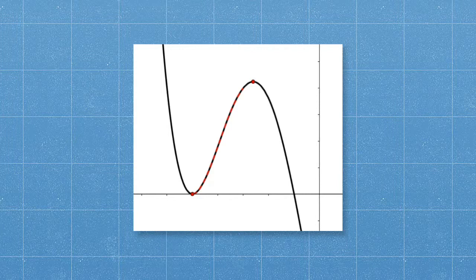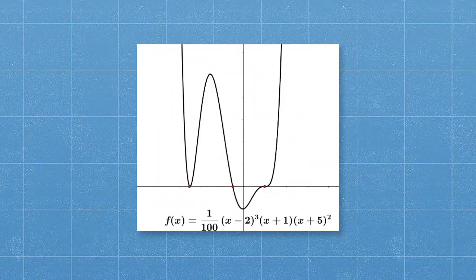It doesn't jump, it doesn't skip, and there's no tears or holes in the graph. We'll be using all of these pieces, knowing what the end behavior of a polynomial function is, knowing whether a zero crosses or touches, and the fact that the intermediate value theorem is true in order to sketch polynomial functions of higher degrees.